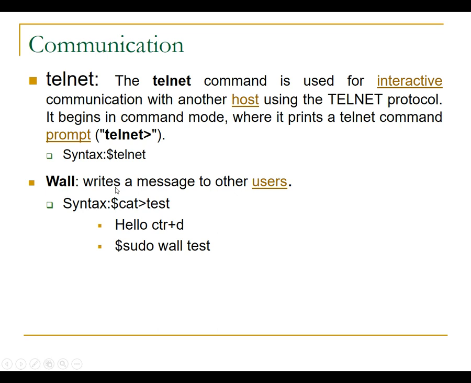This particular command is used to write messages for another user. Now to perform this group of commands, we require network connectivity where multiple users are sitting on a common network, and there should be communication between the server and multiple clients. So over here we'll just see the theoretical portion of these commands.